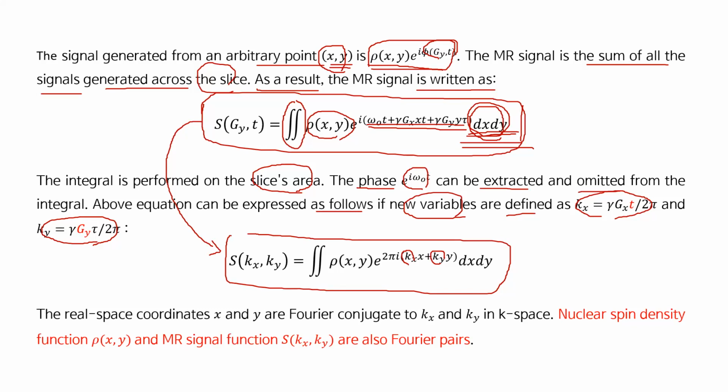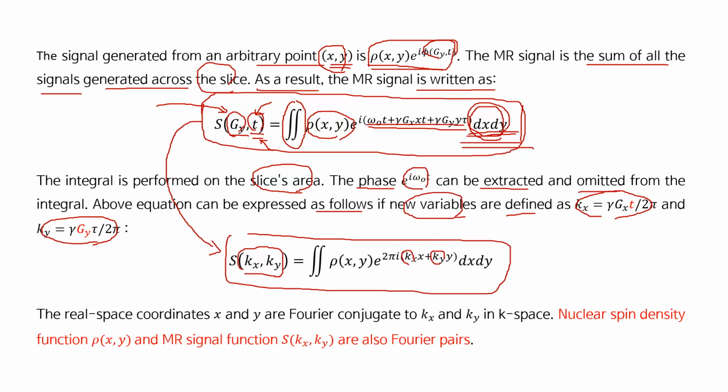So now the variables of the signal are written in terms of kx and ky. Here the signal was written in terms of Gy and t. Gy is the slope of the phase encoding gradient, and t is the time of the frequency encoding gradient. So this t means the data acquisition time.